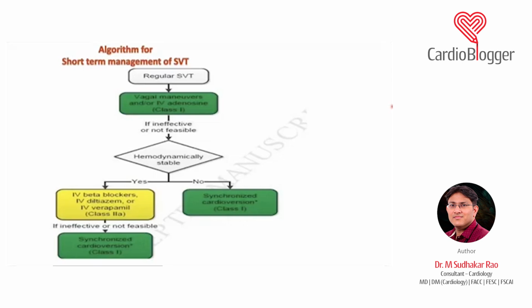If one bolus of 6 mg doesn't revert, you can try a next bolus of 12 milligram of adenosine. Most of the time, 90 to 95% of the time, AVNRT responds to adenosine, and about 90% less than AVNRT, AVRT responds to adenosine. So around 18 milligram of adenosine is the maximum dose which you can use safely.